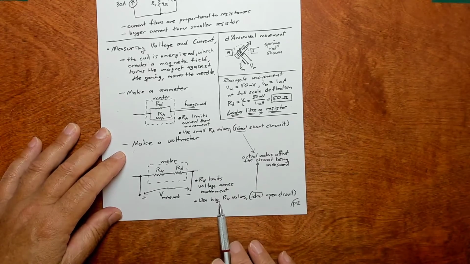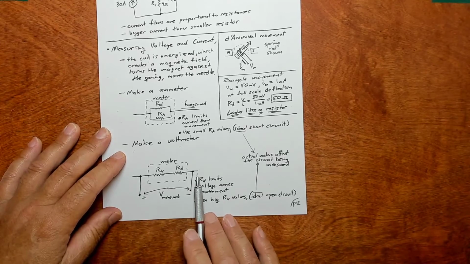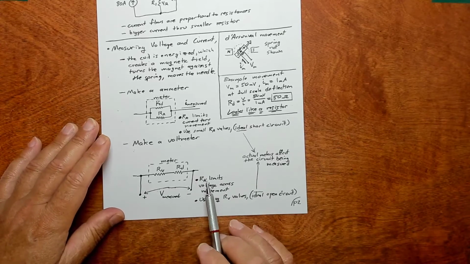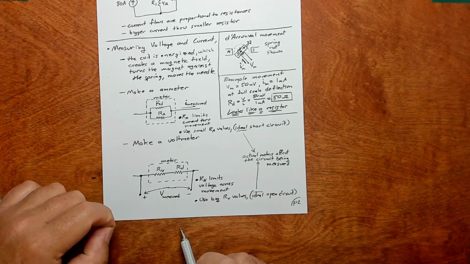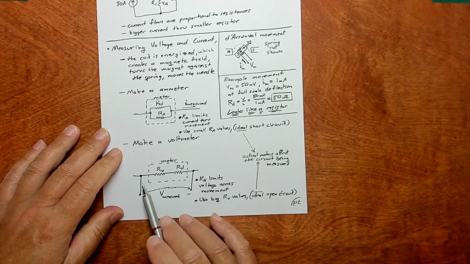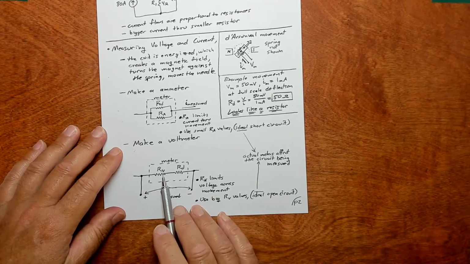So overall, we like to use big R sub V values because we're trying to make this voltmeter appear to be an open circuit to the circuit that it's measuring, right? We don't want the meter to affect the circuit. So we use very high resistance values.